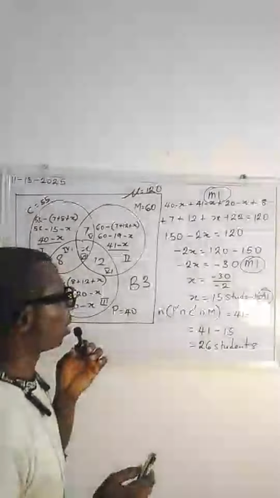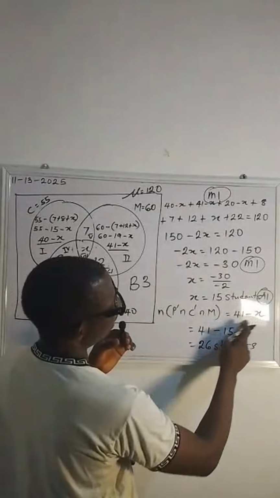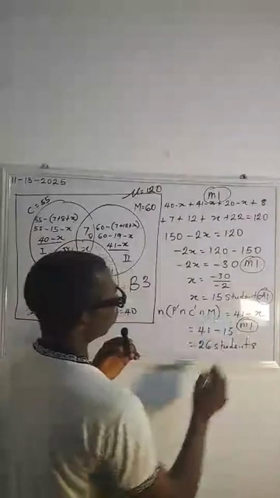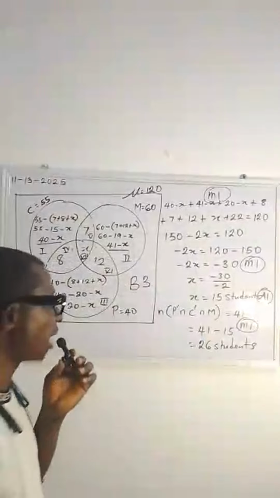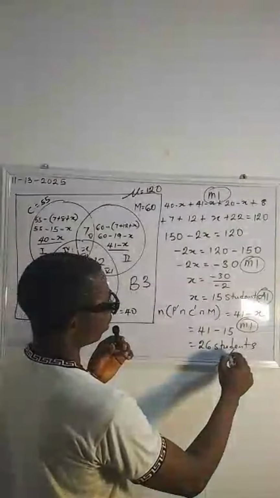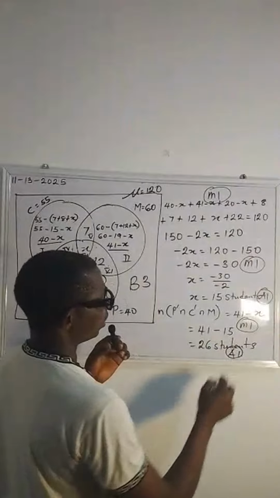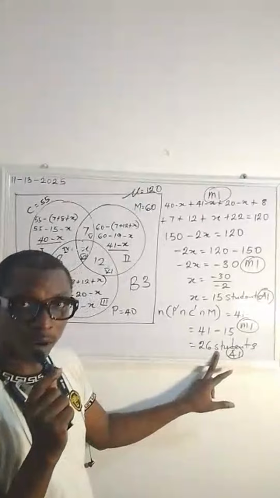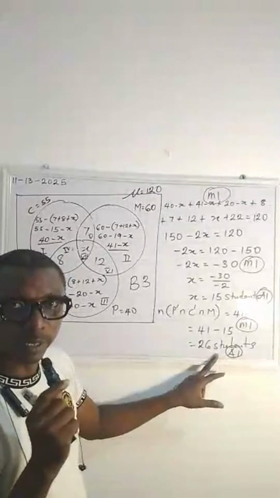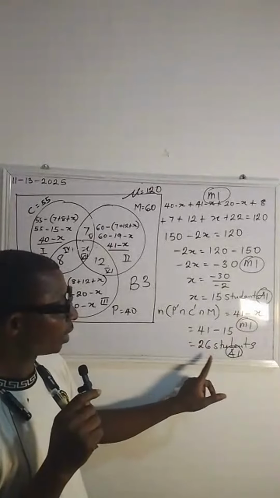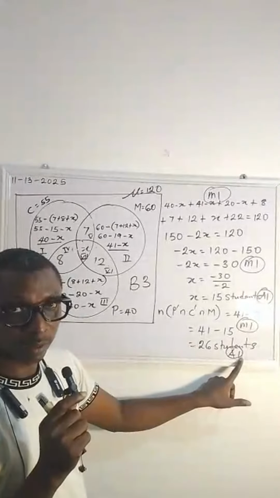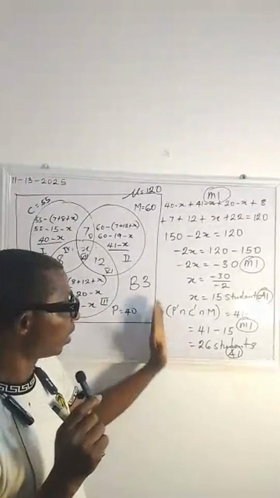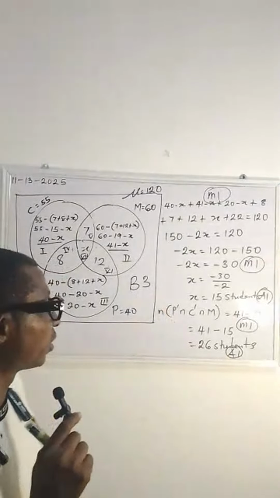Now for writing this one out and substituting correctly, there will be a method mark for that, for those that study only mathematics, and also for getting the correct answer with units, you get an accuracy mark of 1. So if peradventure you forgot to put units, the implication is you are not going to get the mark here, so you get 0. So always remember to put units whenever you are solving a problem of this form.